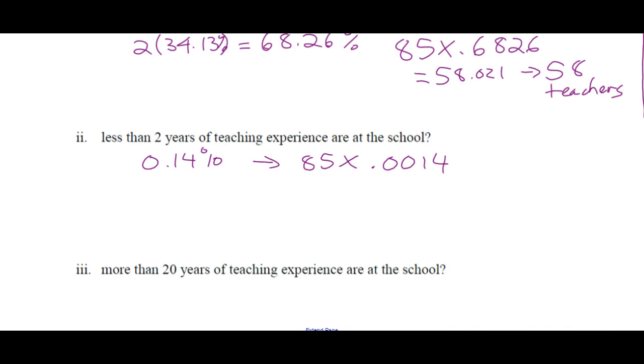This is out of 100, so you divide by 100 to convert it to a decimal. That equals 0.119, so we'll say 0 teachers. There's nobody on the staff that has less than 2 years, or maybe one at most. So you say, well, 0, there could be 1.